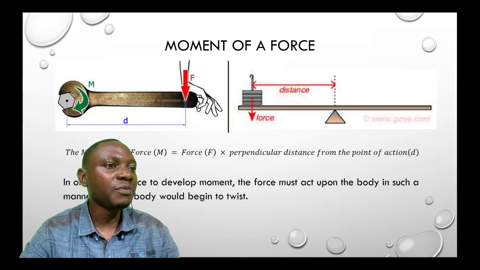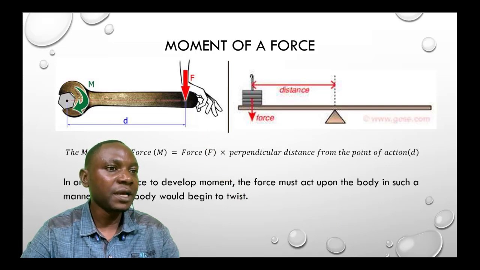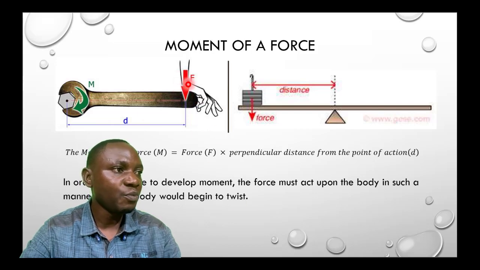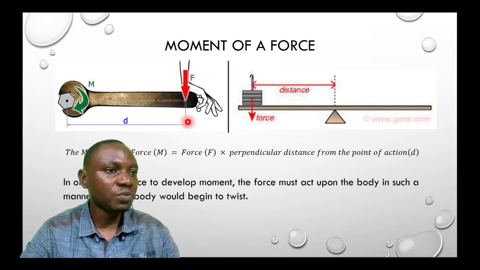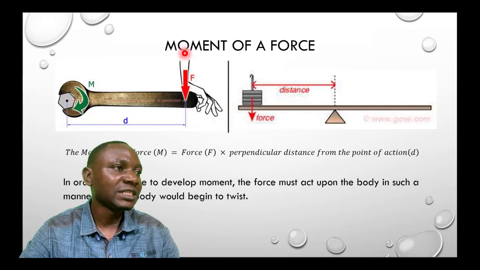So the size of the moment of force now depends on two factors. When you see something like this, for a moment to occur, two things must happen. Now, the first of the factor is the size of force that is acting perpendicular. If you observe that the force that is acting here is perpendicular to this object.